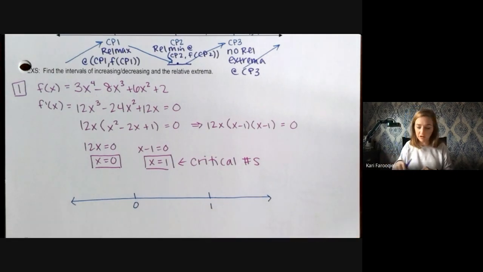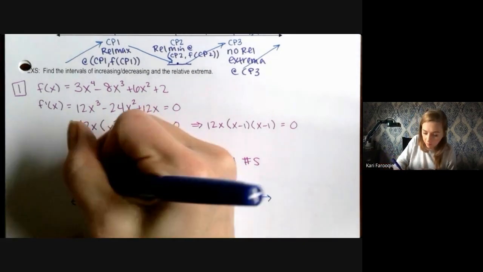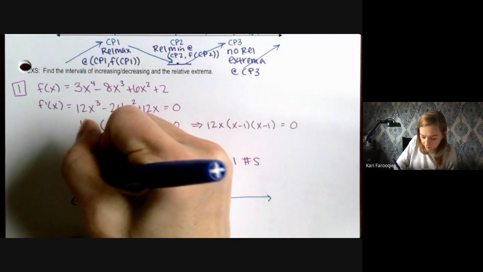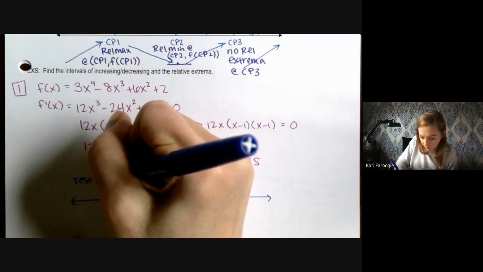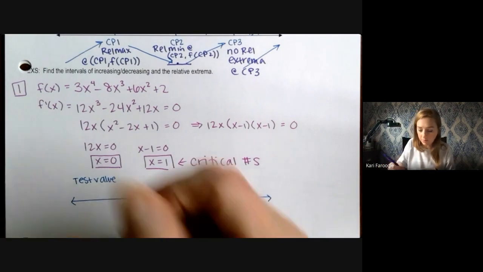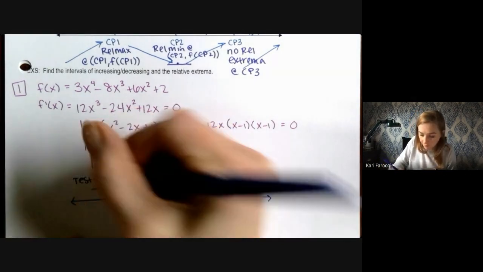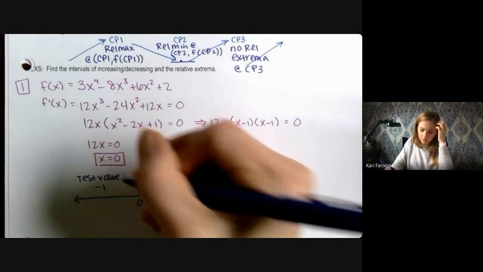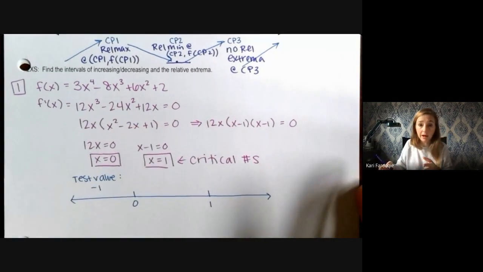You're going to pick a test value that's usually pretty close to your number because you don't want some giant value that is hard to compute. So I'm going to pick a test value in the first interval. Let's let the test value be something like -1. My test value in the second interval, maybe we'll make a half.